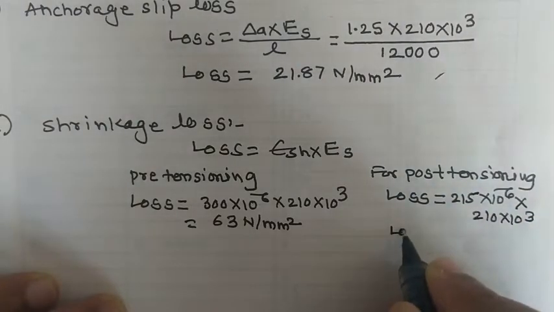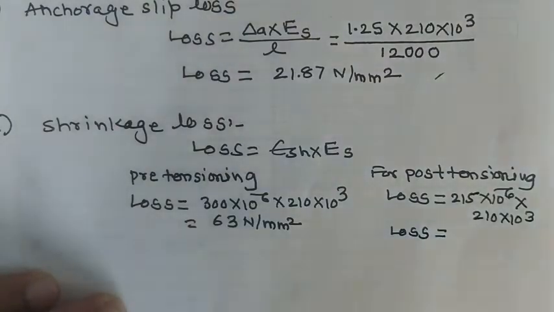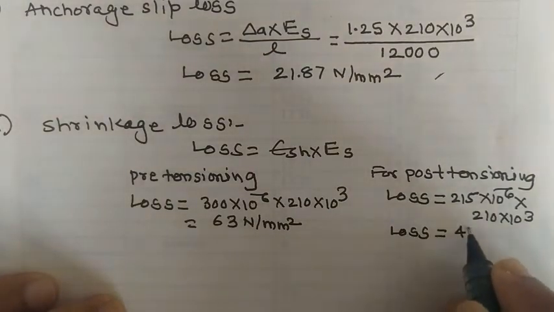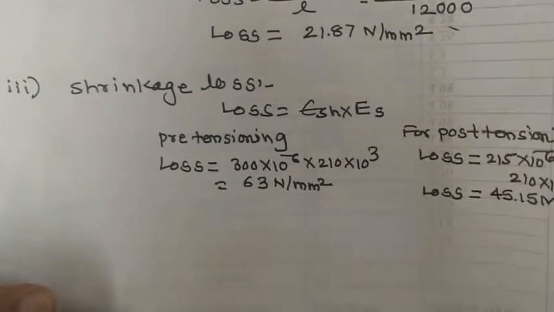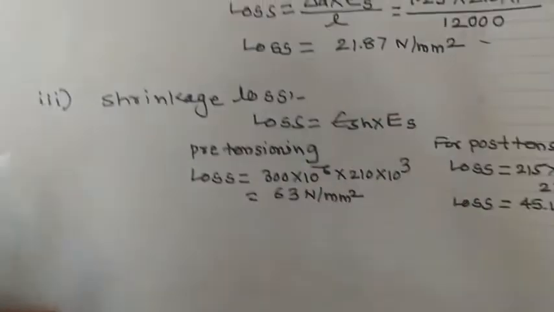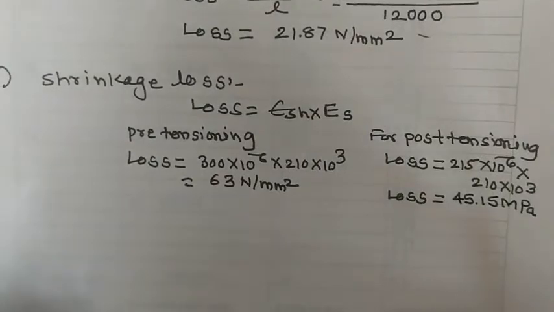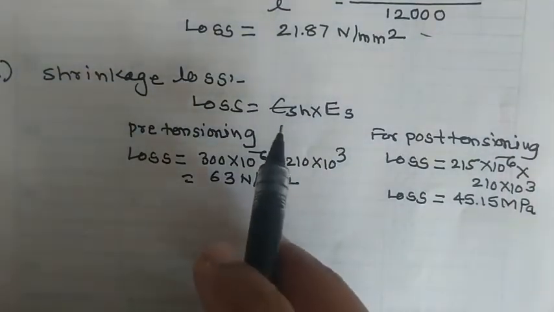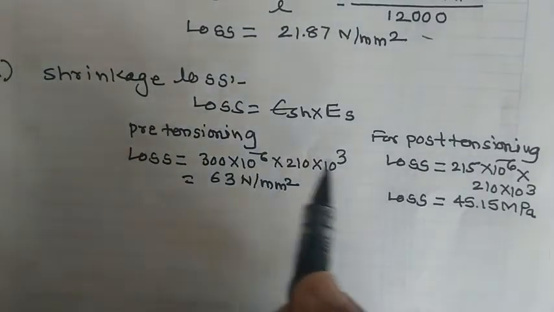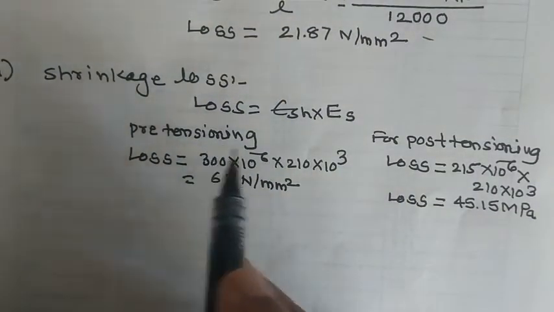Okay, so for post-tensioning members, this value is 45.15 megapascal. So in this question, we have calculated the two values of shrinkage loss, because the shrinkage strain is different for post-tensioning members and for pre-tensioning members.